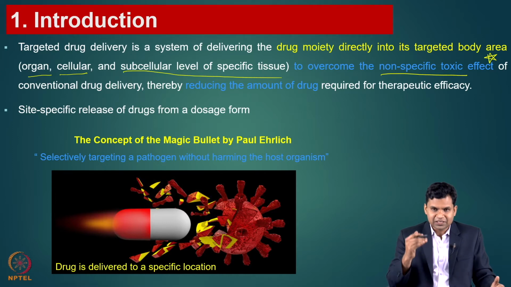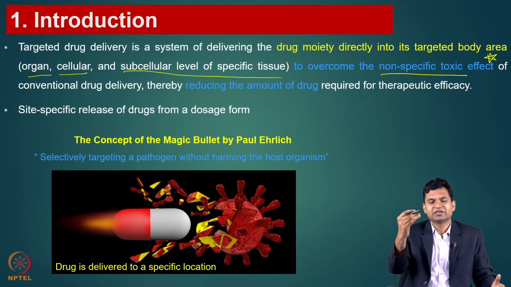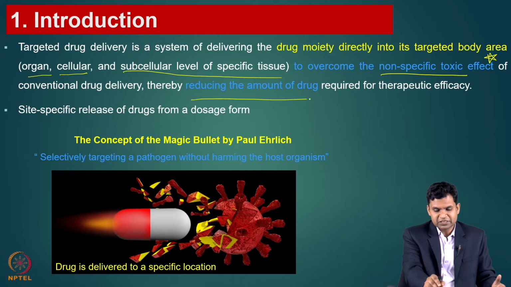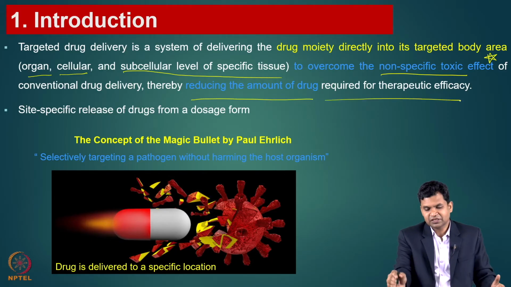So, when you target, definitely the dose of the drug will be reduced. With that, you will see a reduction in side effects, thereby reducing the amount of drug required for therapeutic efficacy.